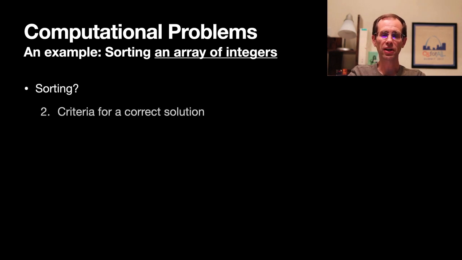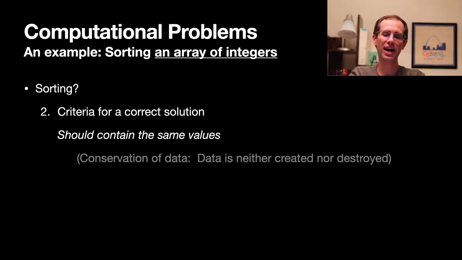Okay, so what about our second criteria? The criteria for correct solution. Earlier we just said ordered. Seems simple enough, but let's be even more precise with that. In fact, we overlooked something. Not only should it be ordered, it should contain the same values. So in a sense, we want some idea of the conservation of data.